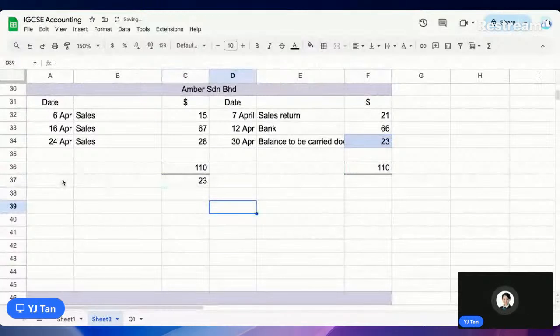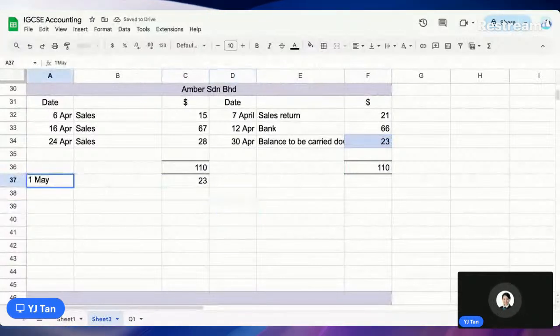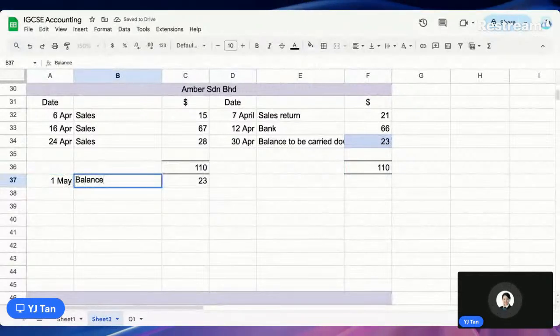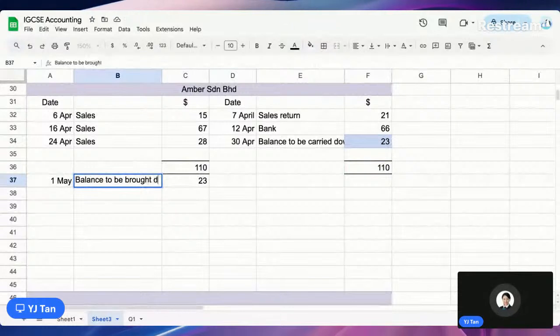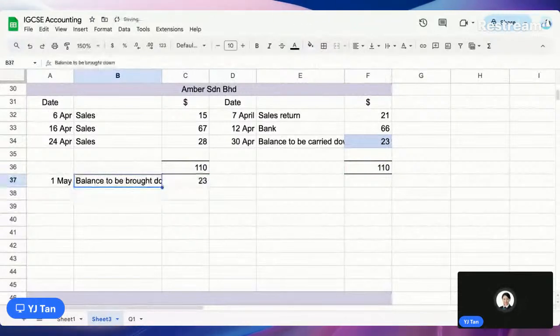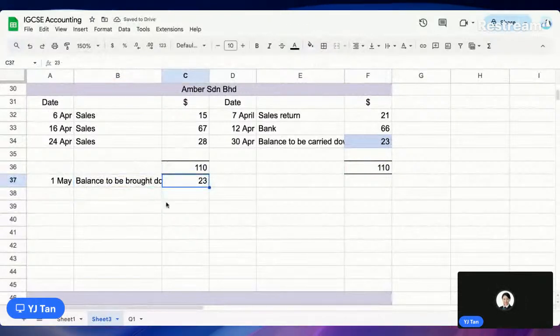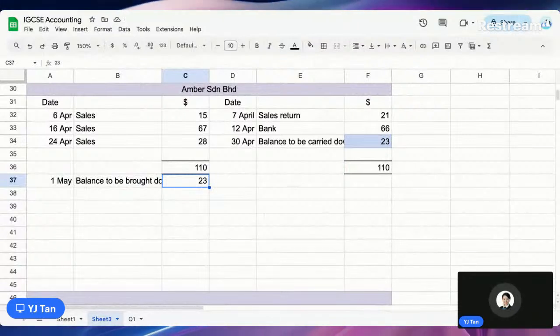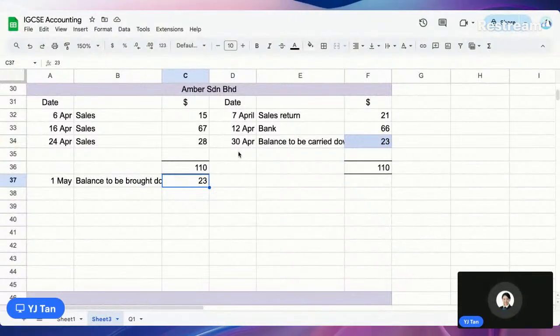And then over here, 1st of May, the following month, balance to be brought down, which is 23. So we completed this balancing, which is carrying down the outstanding balance. This is example number 12.